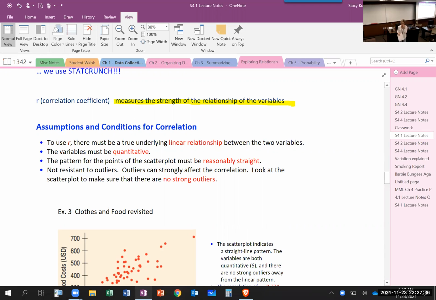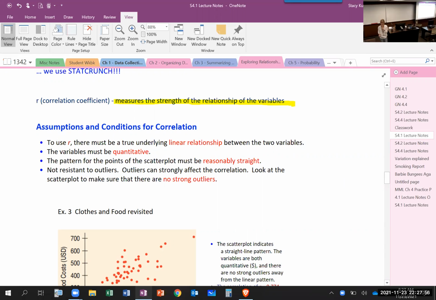We don't use R to define the strength of that relationship. R is only used to define the strength of a linear relationship, and the two variables we're comparing have to be quantitative.